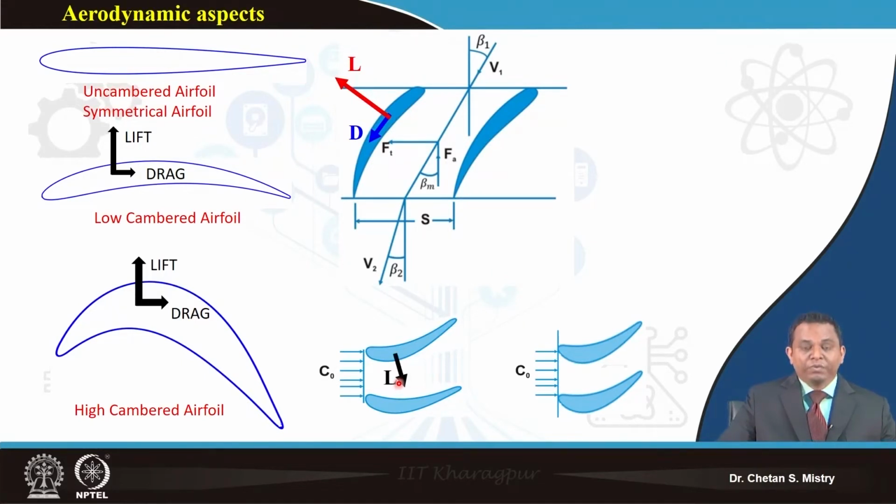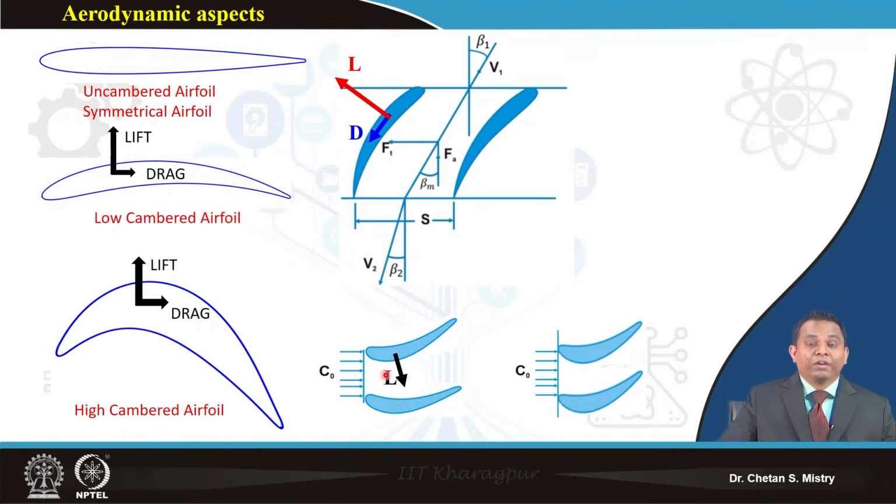Okay, so as we have discussed, we have our lifting force acting in this direction, from the pressure side to the suction side. This represents my lifting force. My flow will enter the passage from this direction. Now in the compressor, we want to compress our working fluid, so we want to do work on our working fluid.